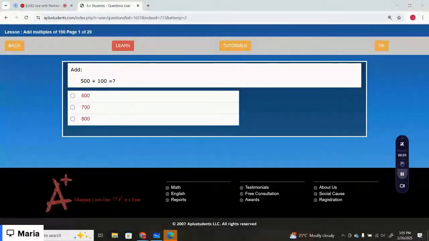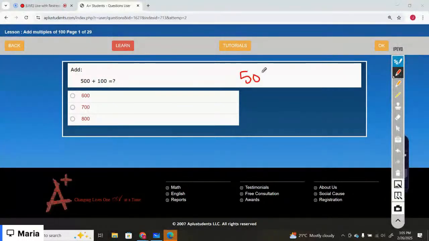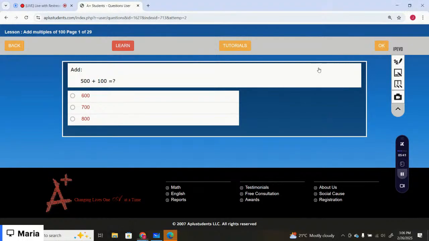Okay, so you need to write them down one above the other. You need to add 500 plus 100. 5 plus 1 is 6. So that is 600. 500 plus 100 makes 600. Option number 1 is the correct option.